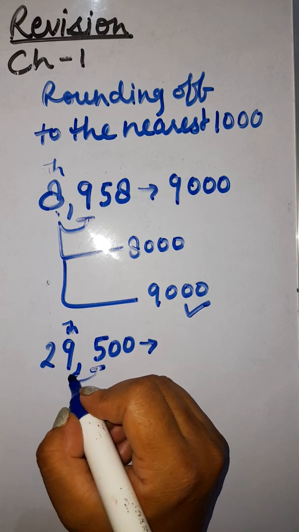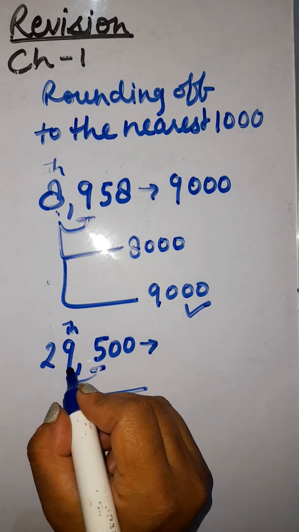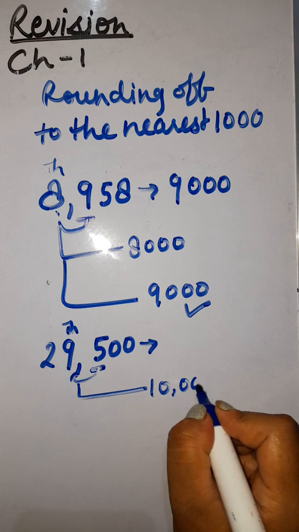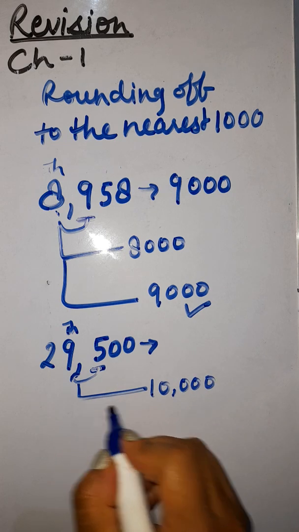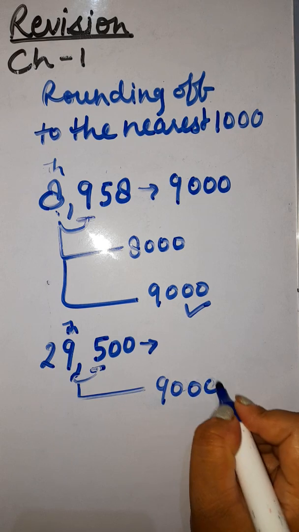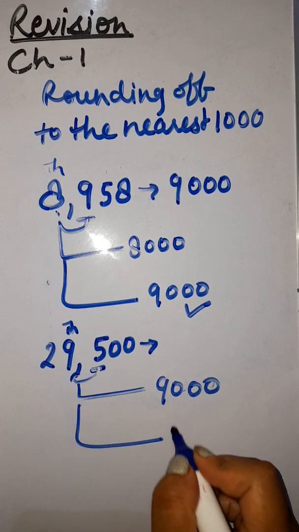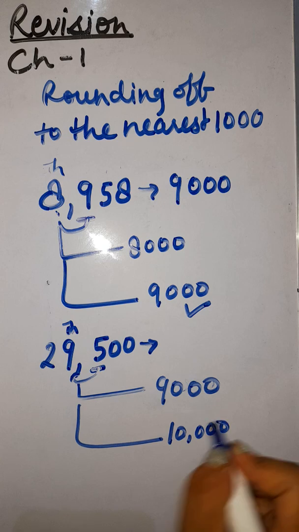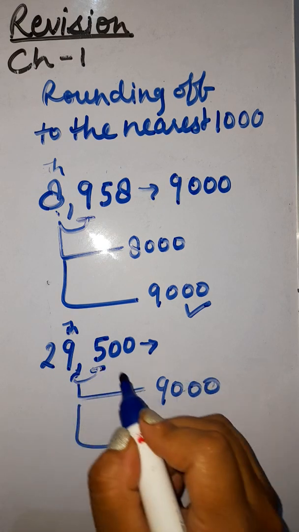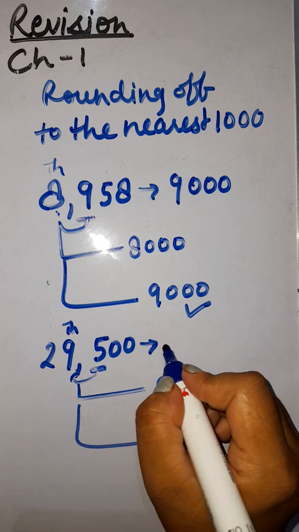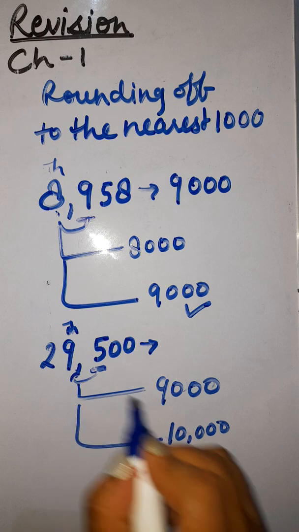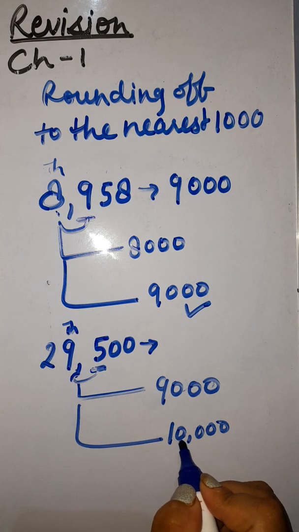So we have another number here. First we'll write here 9,000 and next one is 10,000. Okay, so 9,500 is greater. 5 is a greater number, so it will become 30,000, because 10,000 here is 10,000.